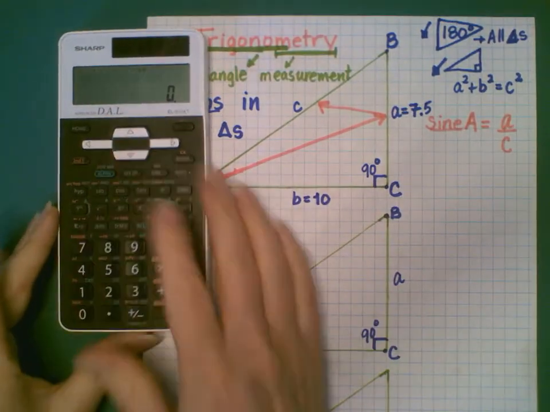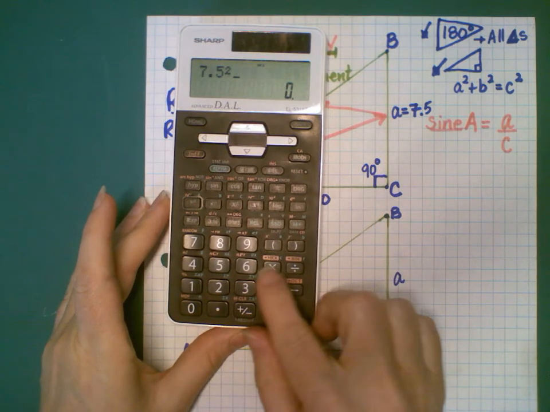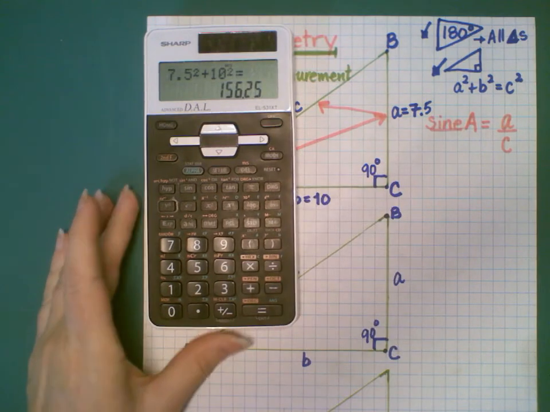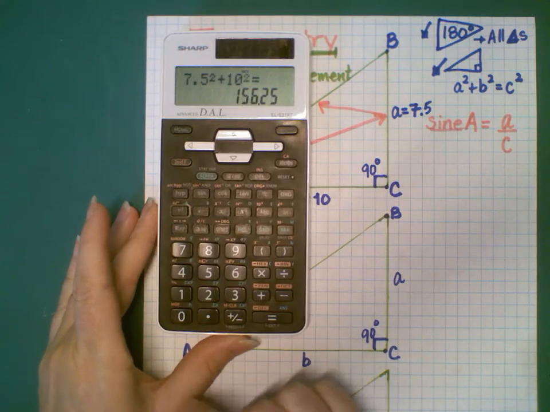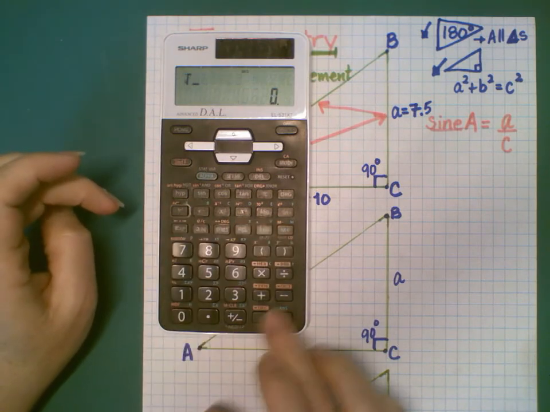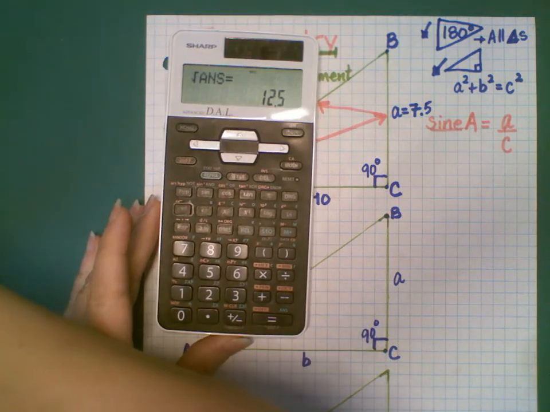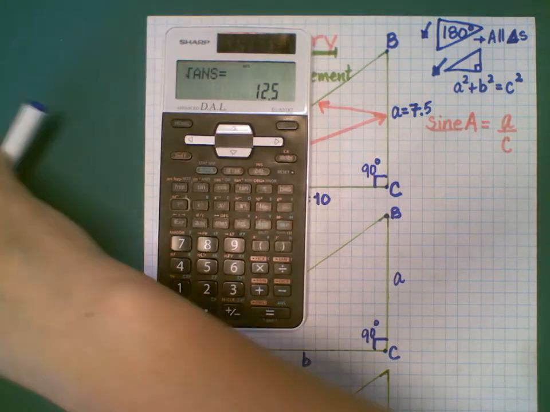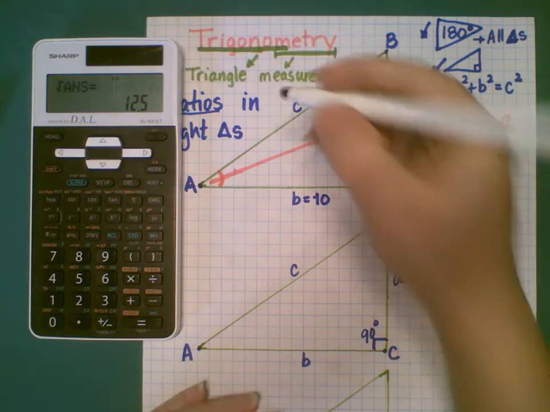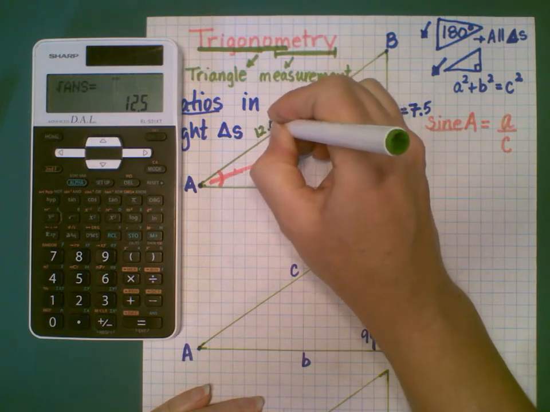So I'm going to go 7.5 squared plus 10 squared gives me this value, 156.25, and then I'm going to square root the answer, and I get 12.5. So I've just used Pythagorean theorem to figure out the length of C is 12.5.